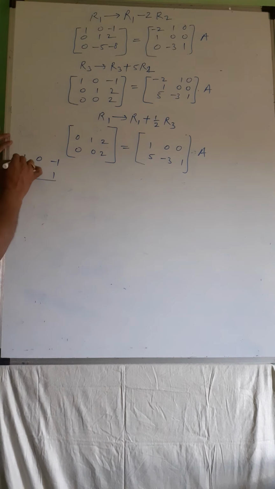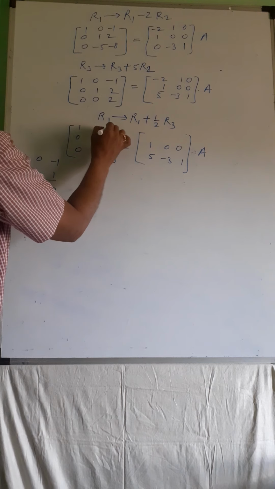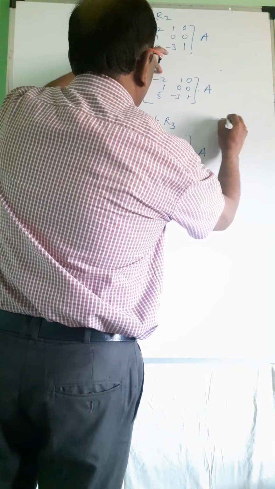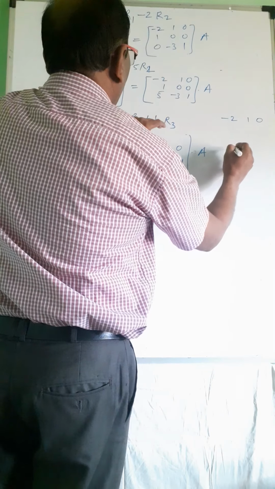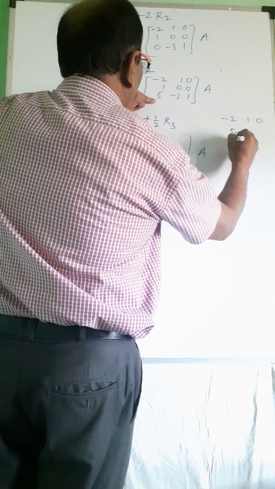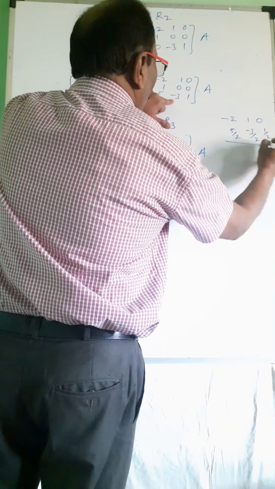Here after addition of these two rows we get 1, 0, 0. Here also R1 is minus 2, 1, 0. Half into R3, that is 5 upon 2, minus 3 upon 2 and 1 upon 2.